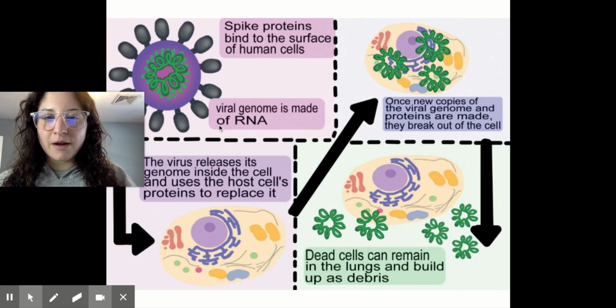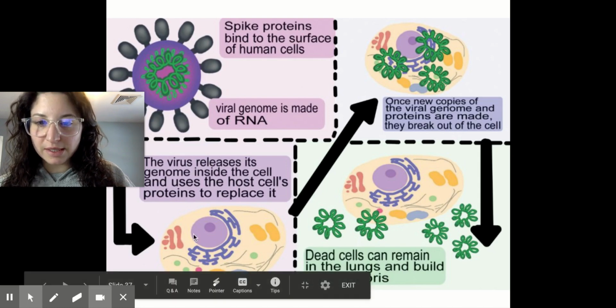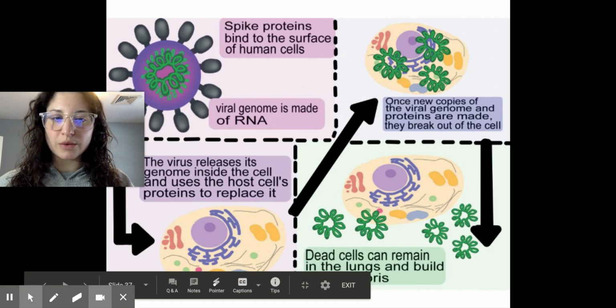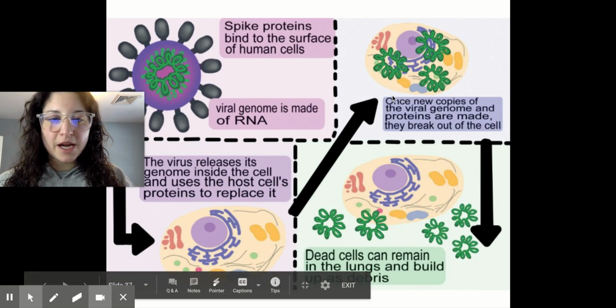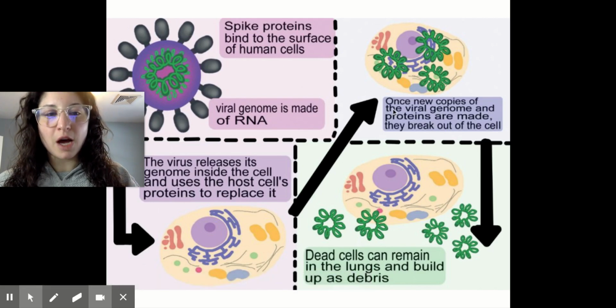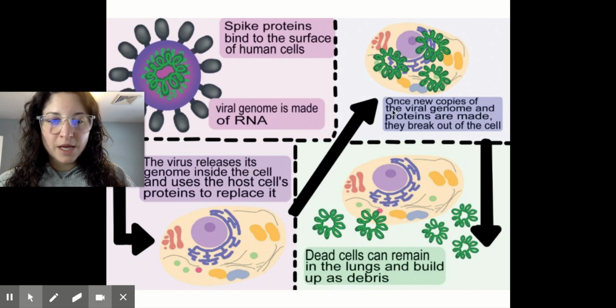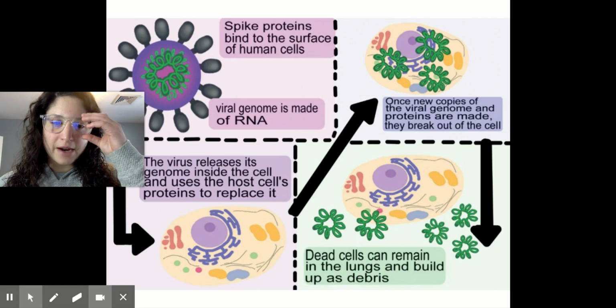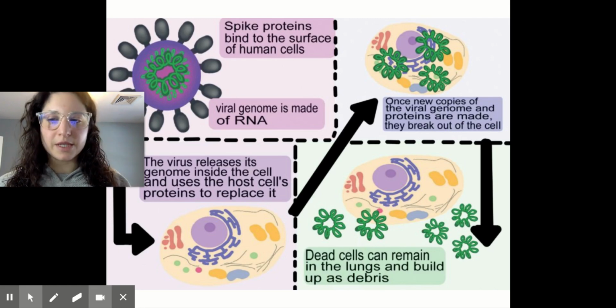And from there, the viral genome of RNA gets released into the host cell. So once it is inside the host cell, it is going to use proteins to basically replace it into DNA. From there, we can make new copies of this viral genome as well as the proteins that it needs inside of the virus itself or inside of that protein capsid.